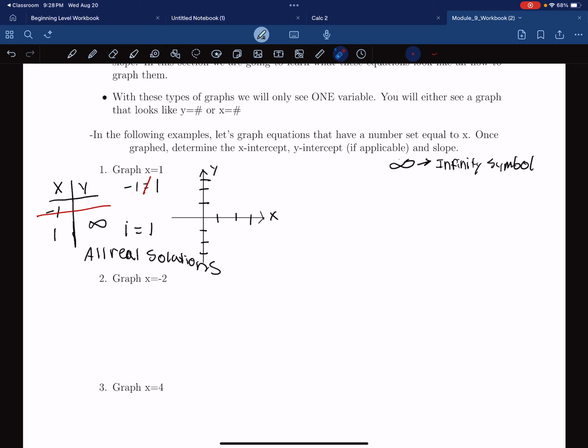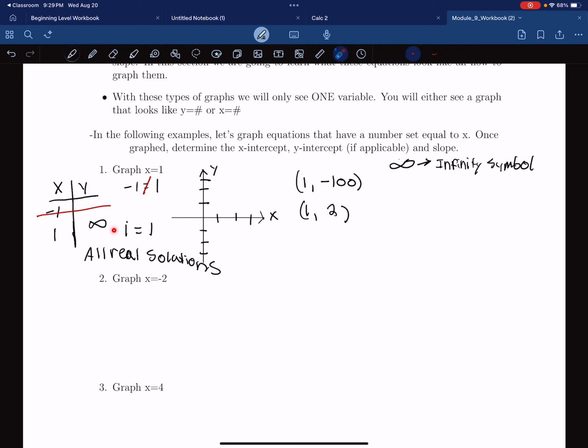So this means we can have the point 1 comma negative 100. That means that this equation, x equals 1, will pass through this point. You can also have the point 1 comma 2, because we can have an infinite value.